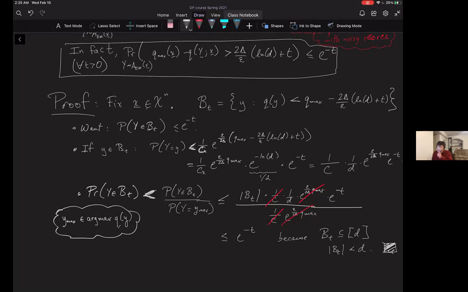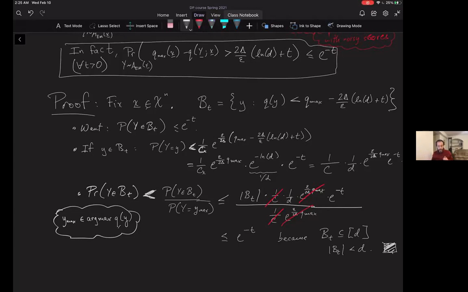What's going on here is that because we're sampling things with probabilities that grow exponentially with the quality of the outcome, it takes an exponentially large number of bad outcomes to swamp a good outcome.